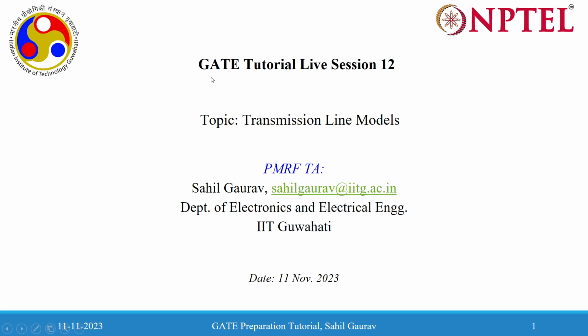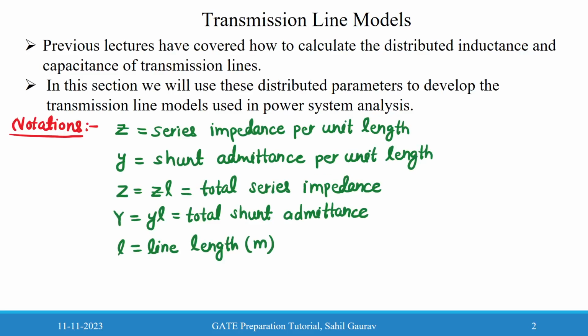This is session number 12, and in today's session we are going to see the topic transmission line models. As in the last two sessions, we have seen the parameters of a transmission line.